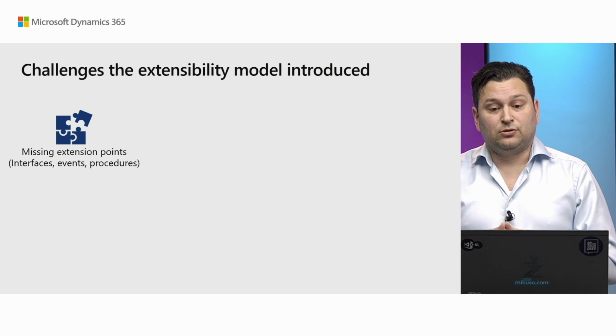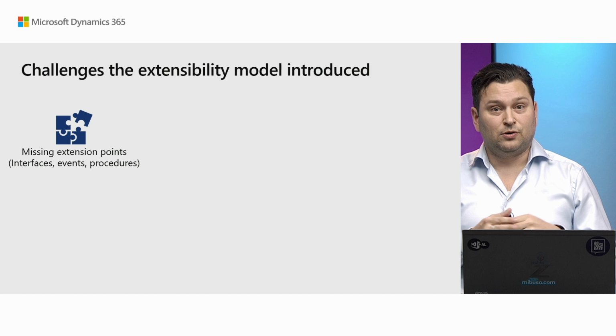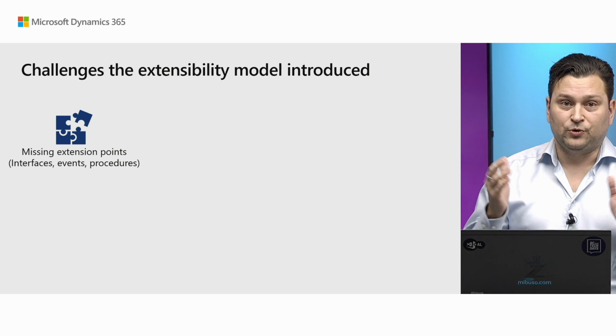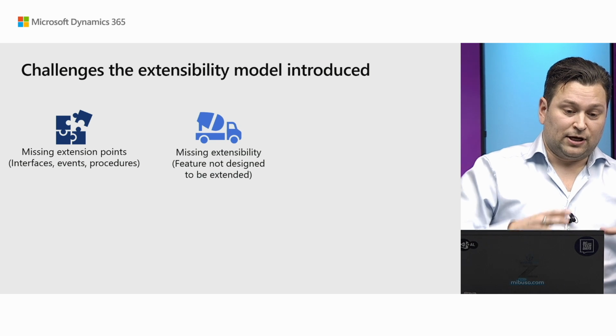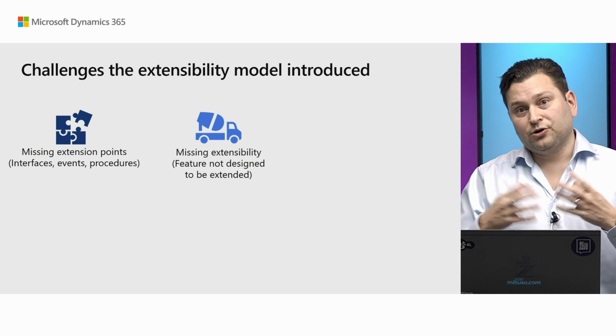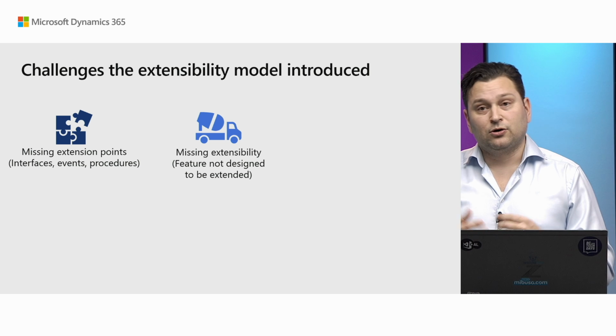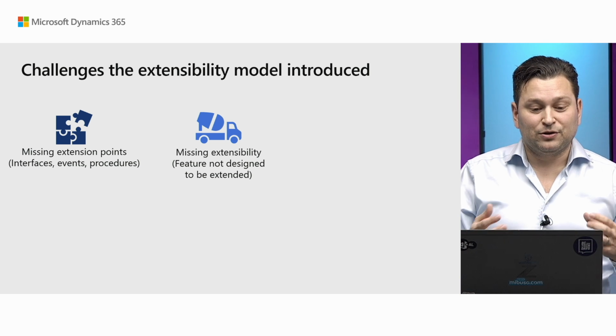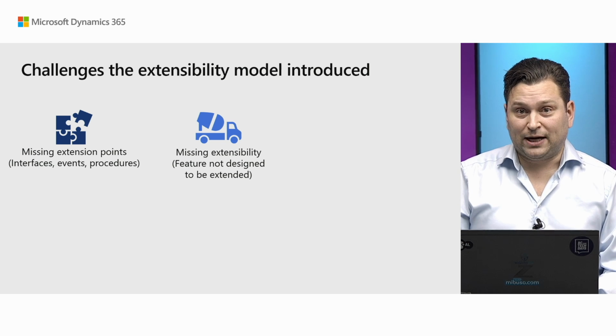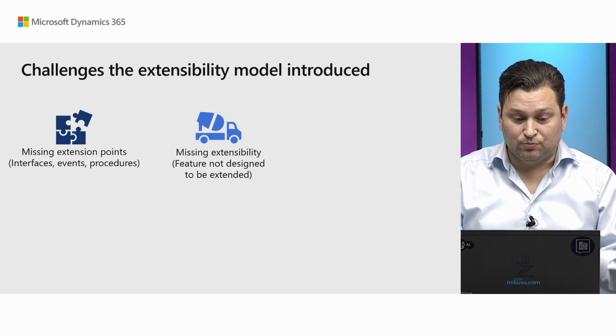So if you've ever been to AL App Extensions, the repository where you can log extensibility requests, you'll know exactly what I mean. And then one thing is that you don't have the right places to hook into, but also the features that were built for a code customization model aren't necessarily built with extensibility in mind. So the feature is not really designed to be extended.